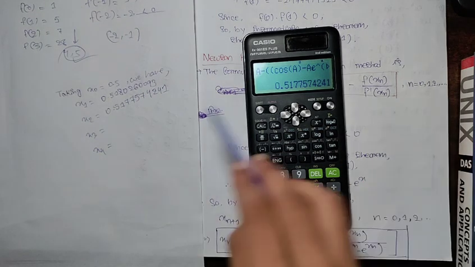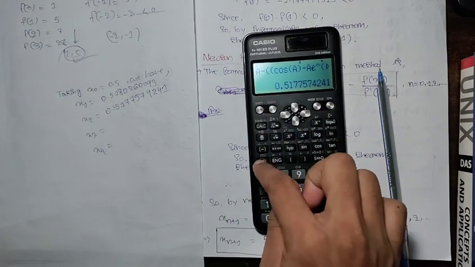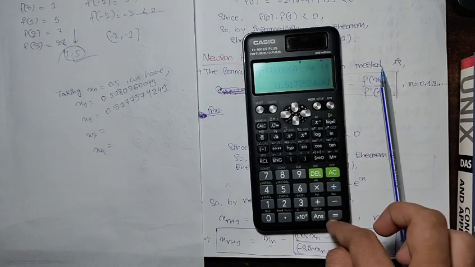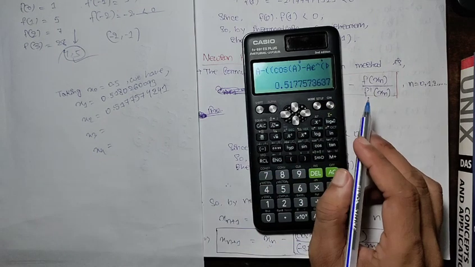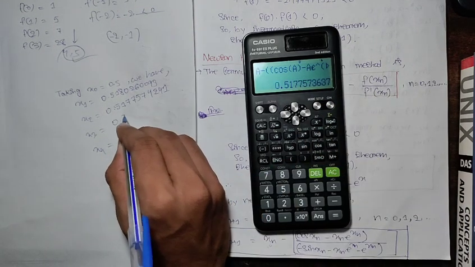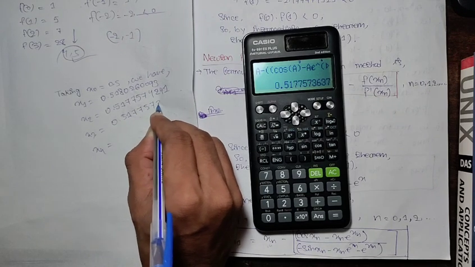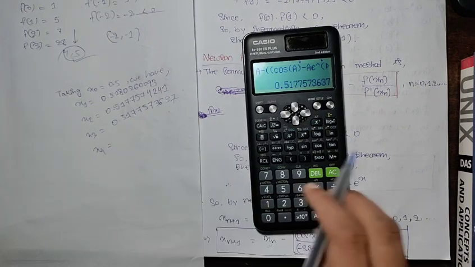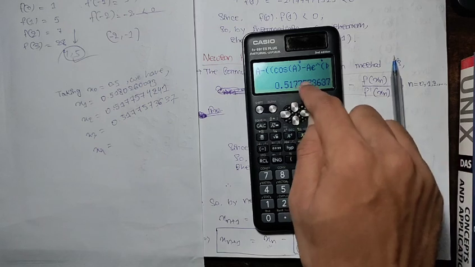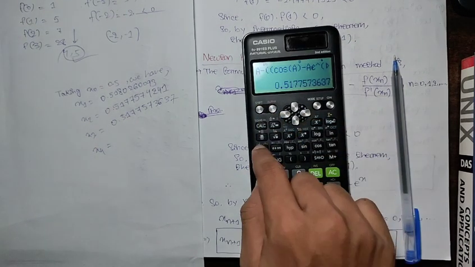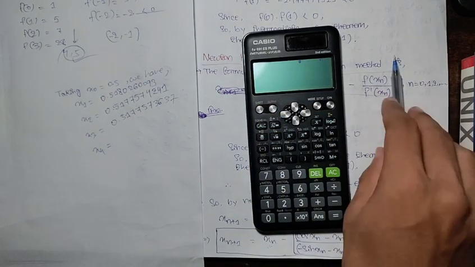Then again for x3, Shift, store, a, up arrow, equal to. So this is 0.5177573637. Now again Shift, store, a, up arrow, equal to.